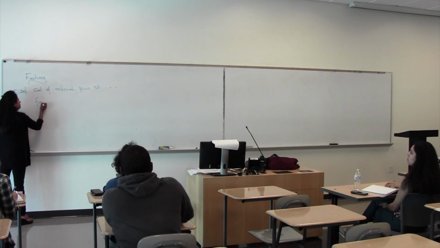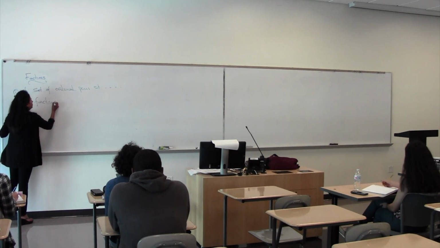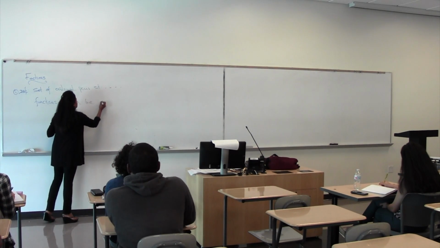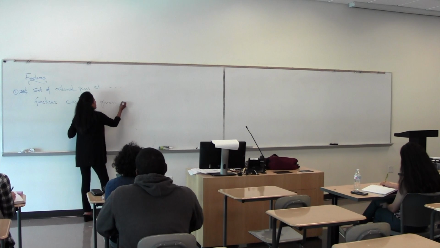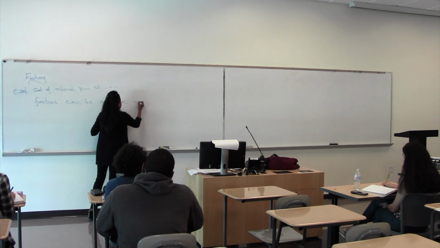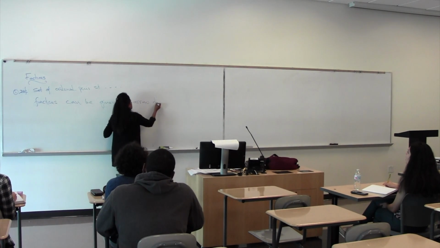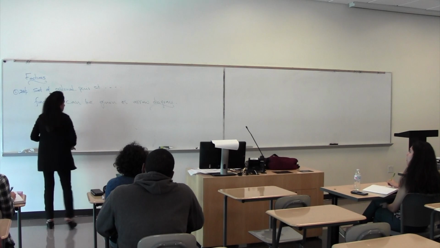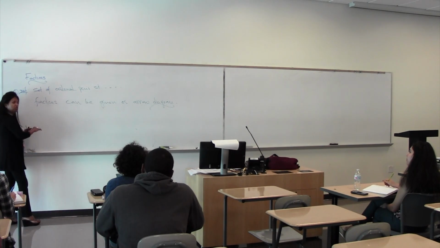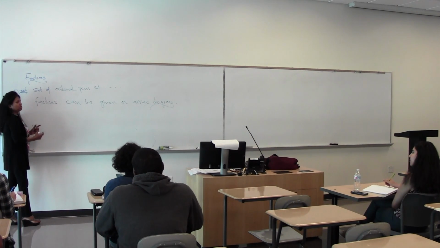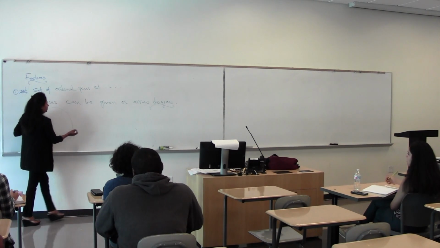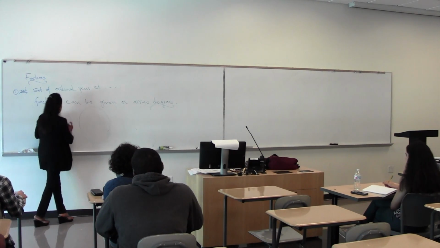So you guys can also see functions can be given as an arrow diagram. I didn't want to go through this in detail last class meeting, but I'm showing it to you now because you have more knowledge of functions now, okay? So we have two sets.